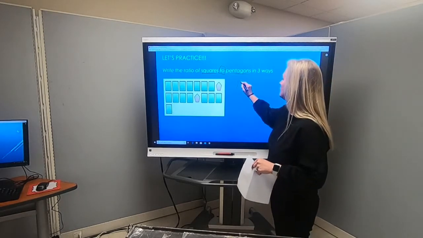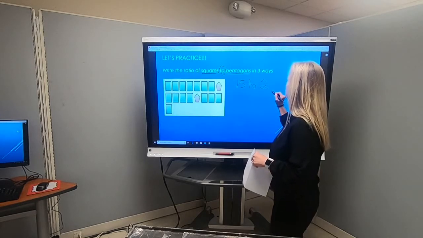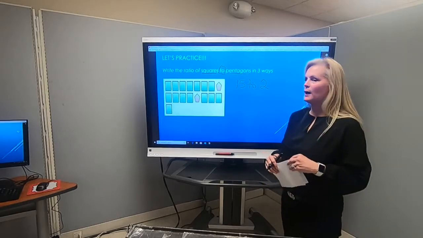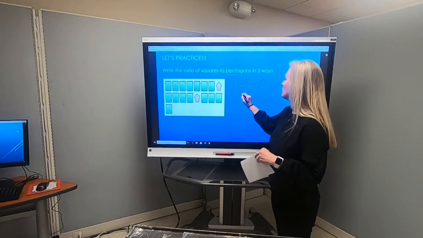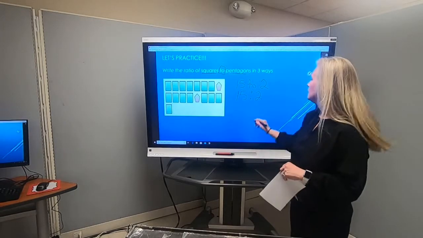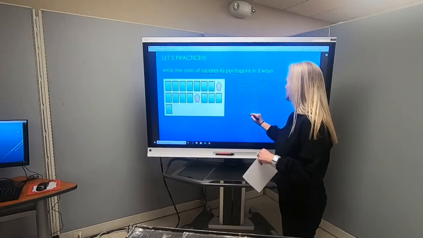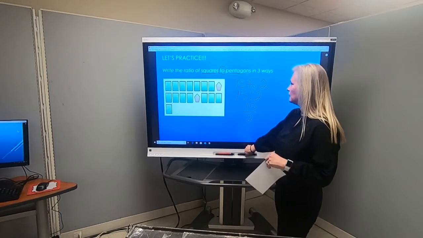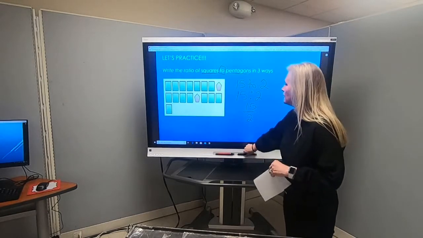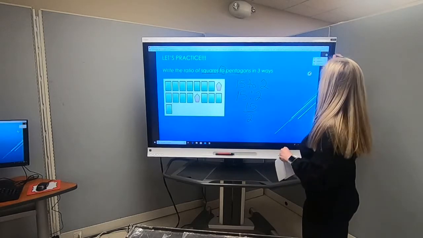Did you get 15 to 2? Okay, so there's one way to write it with the word to. Remember, our colon and as a fraction. So those are our 3 ways from squares to pentagons. Okay, good job.